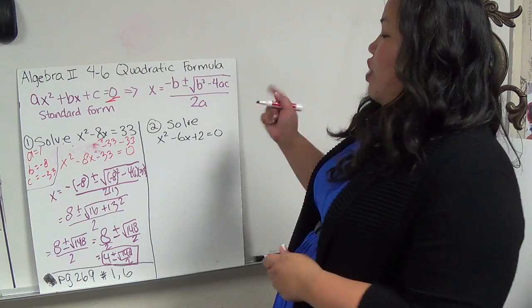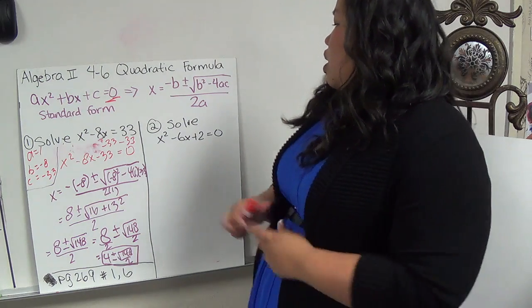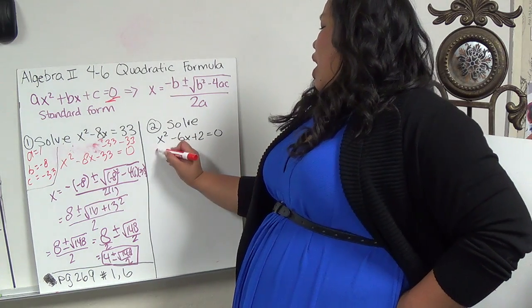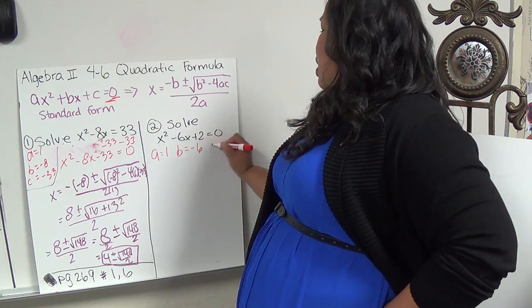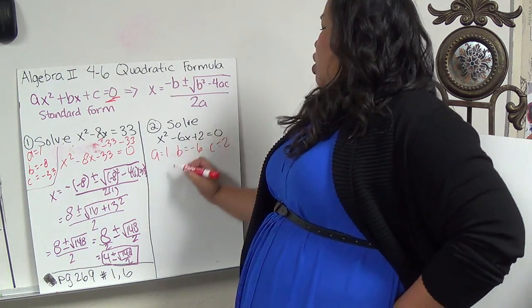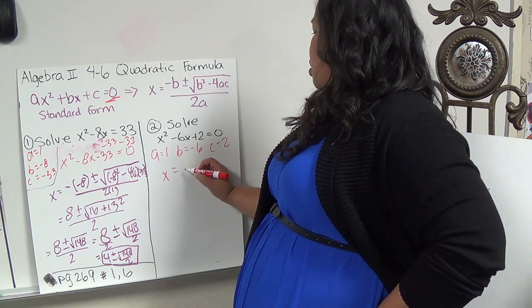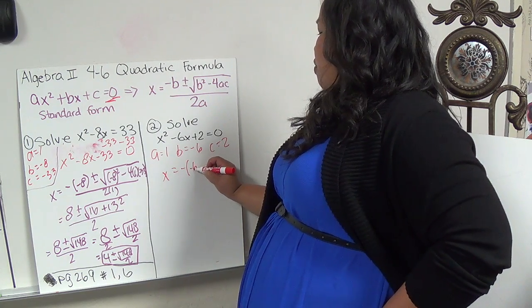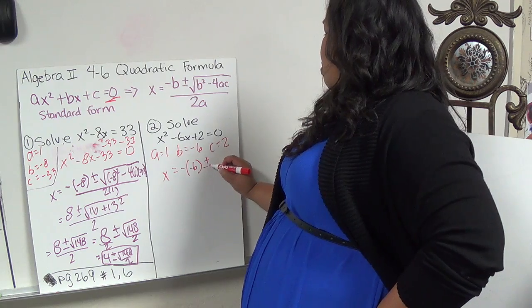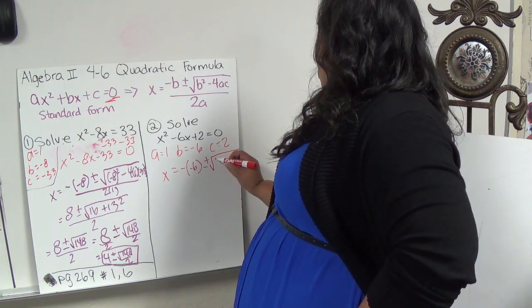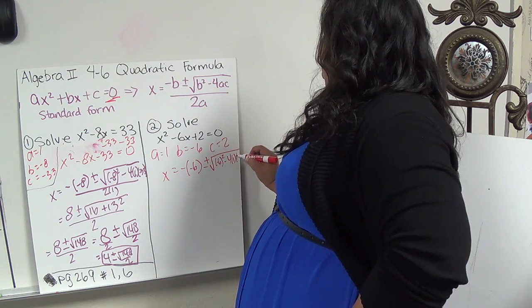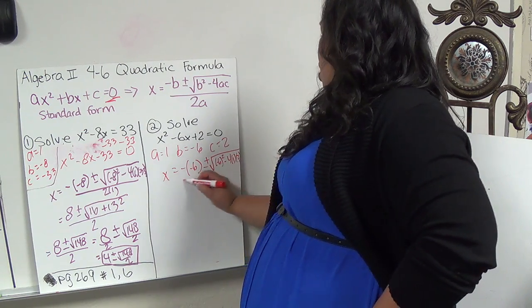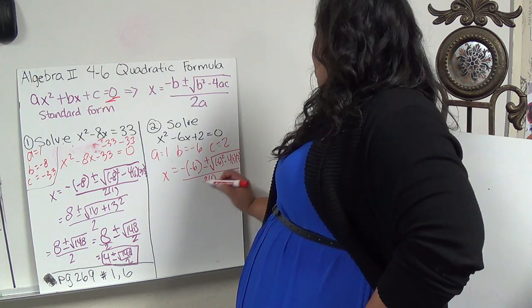So let's try it on this one, number 2. Because everything is in order, our A is 1, our B equals -6, and our C equals 2. Let's try it again. X equals -(-6) plus or minus the square root of -6 squared minus 4 times 1 times 2, all over 2 times 1.